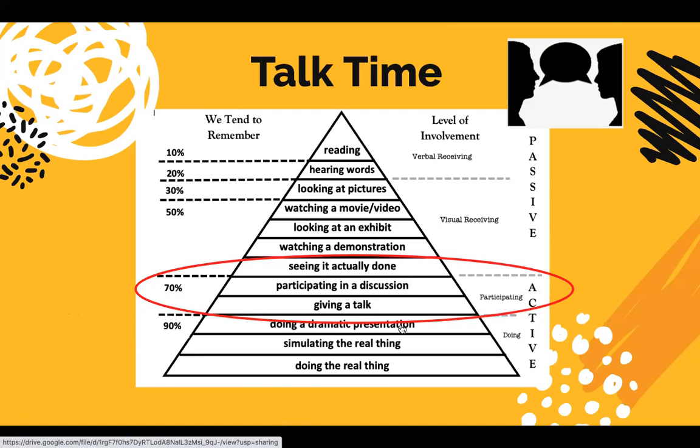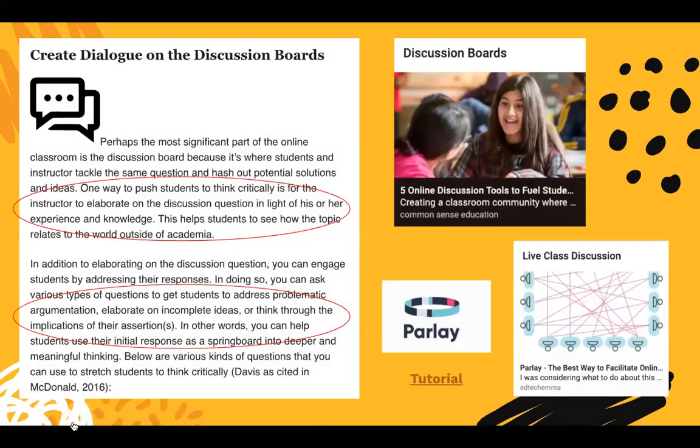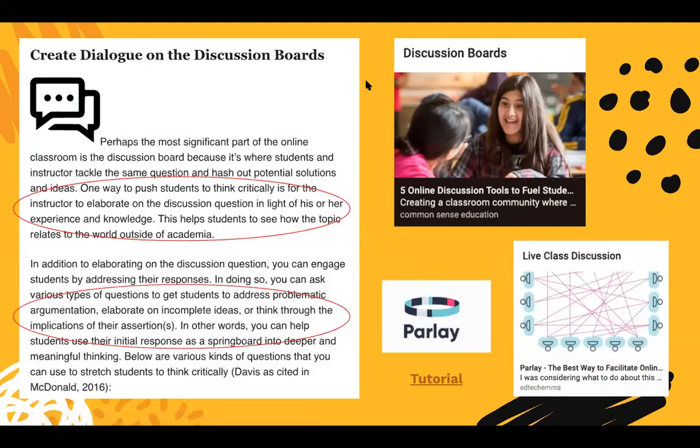So we want to continue to push our students to really talk about and have discussions about what it is that we're trying to encourage them to learn in the classroom. In the spirit of talk time and the 70% of what they remember being done during talk time, I would really encourage you to use discussions in your classroom. If you're online, create dialogue on discussion boards.